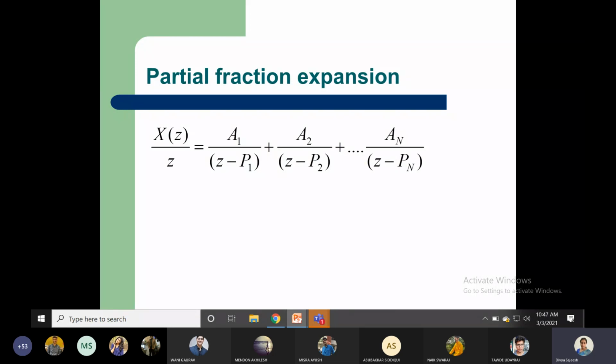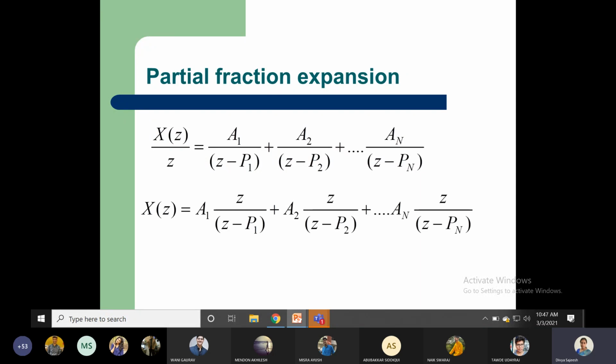So after partial fraction you will obtain a1, a2 and an. Now the z which is there on the left hand side, with x of z by z, can be taken to the right hand side. So on the right hand side it becomes a1 into z upon z minus p1 plus a2 into z upon z minus p2 up to an into z upon z minus pn.